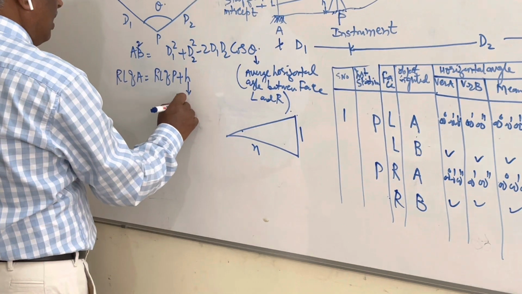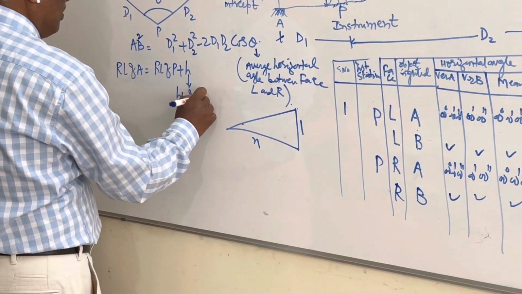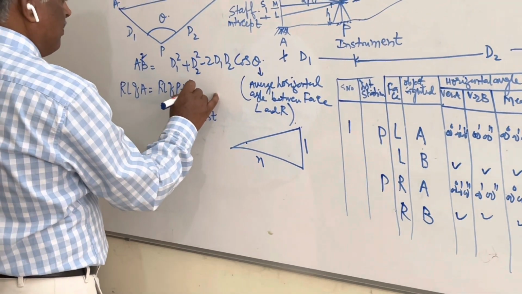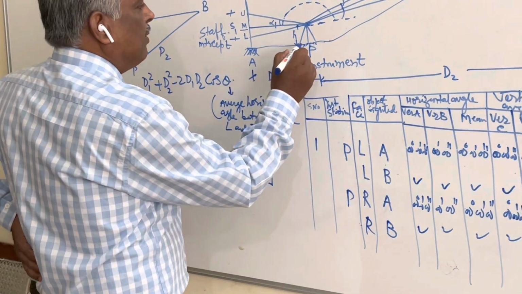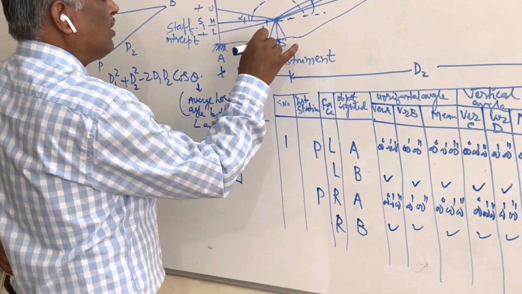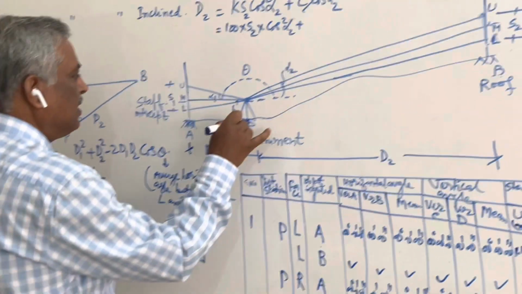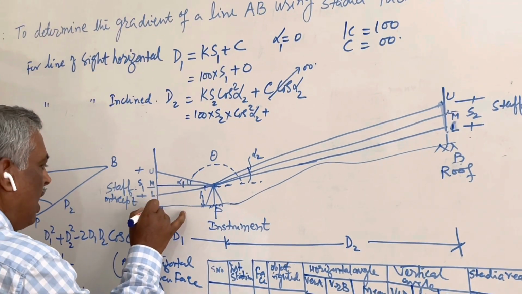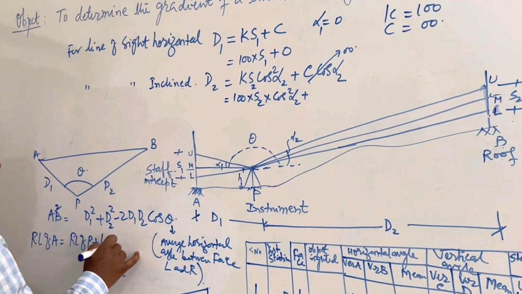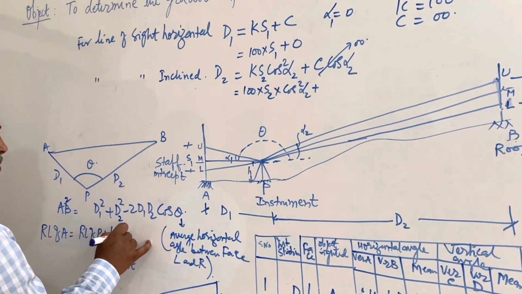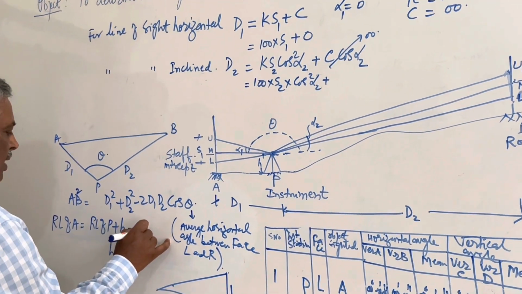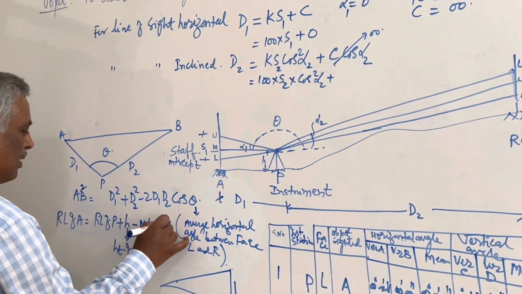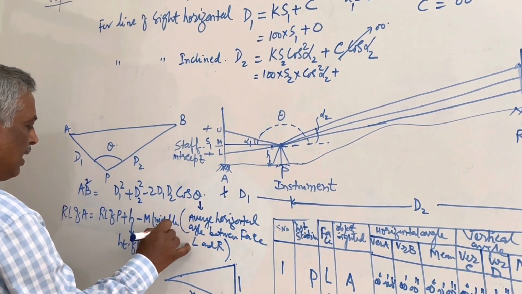This is called height of instrument minus, now here this is the RL known here. Suppose we are at the known elevations, then you add H, you are reaching here, then the middle wire reading.